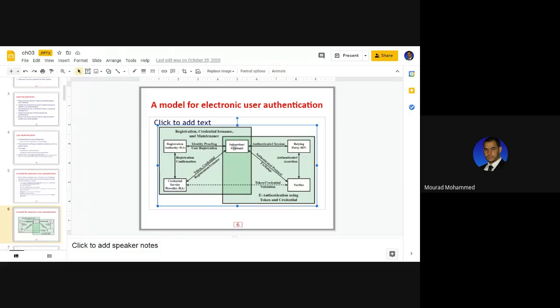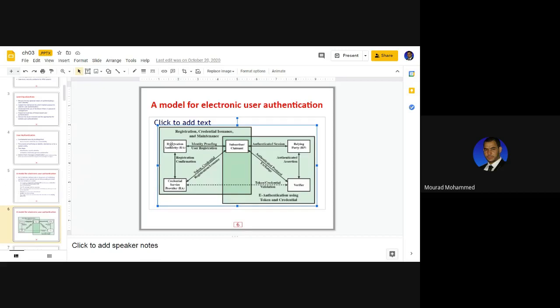The subscriber or the claimant here would submit his username, his password, his ID, his email, his contact, and everything would be submitted. It is the registration process. The registration authority will read that. If you are required to give your mobile number, you have to give your mobile number, not an email. So there is a verification here. The registration party will verify that and will give you the authority, yes, to go on.